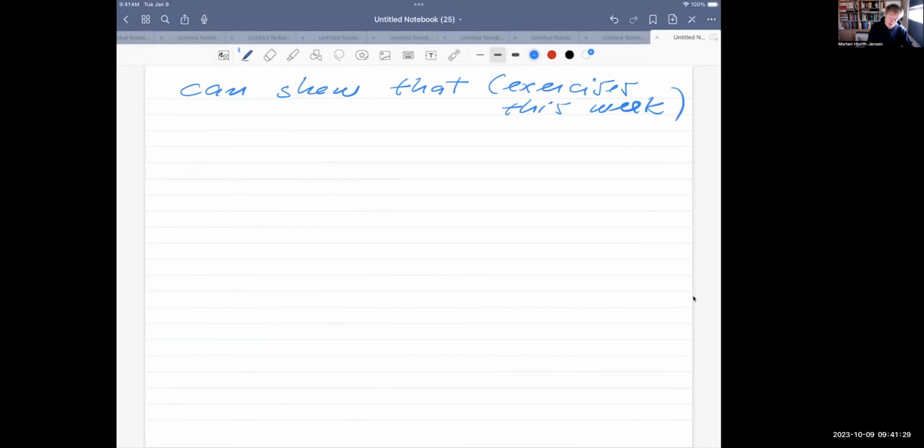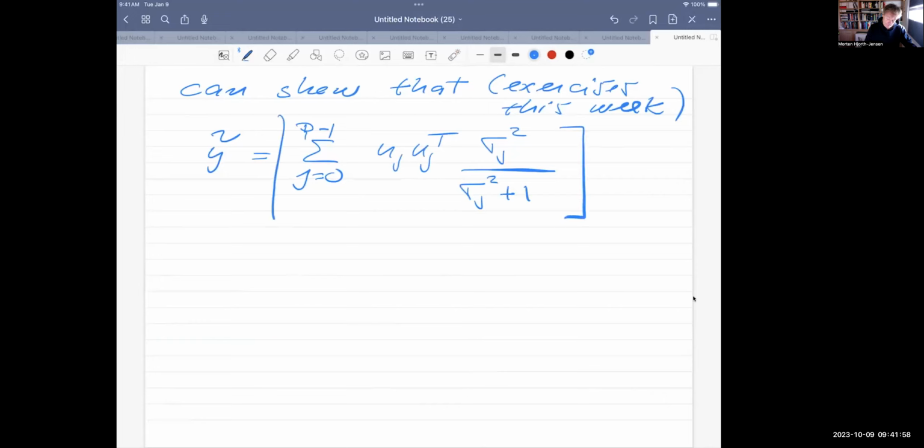So we can then show that this y tilde is now going to be given by a sum from j equals 0 to p minus 1. But now we are going to have the singular values. So we will still have these vectors u_j, u_j transpose, which project out. But then we are going to have sigma_j squared divided by sigma_j squared plus lambda. And this is now multiplied with the original vector y.